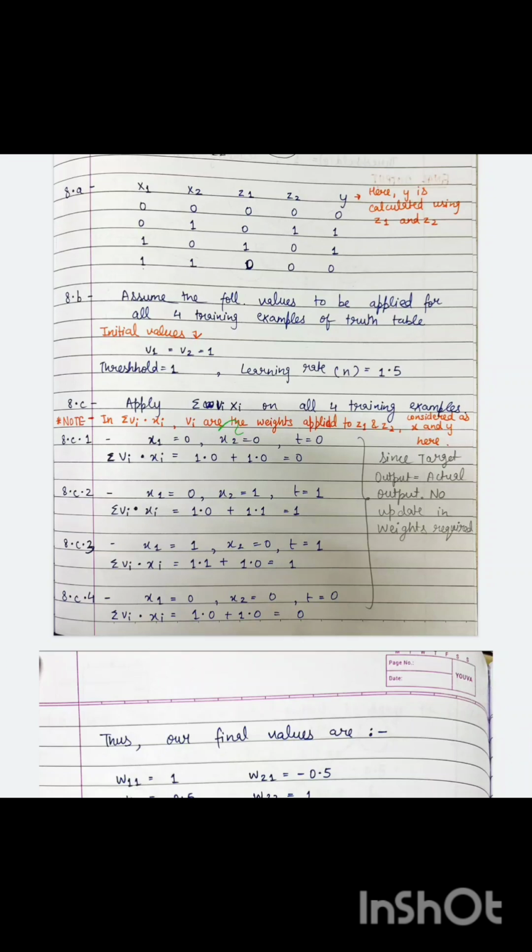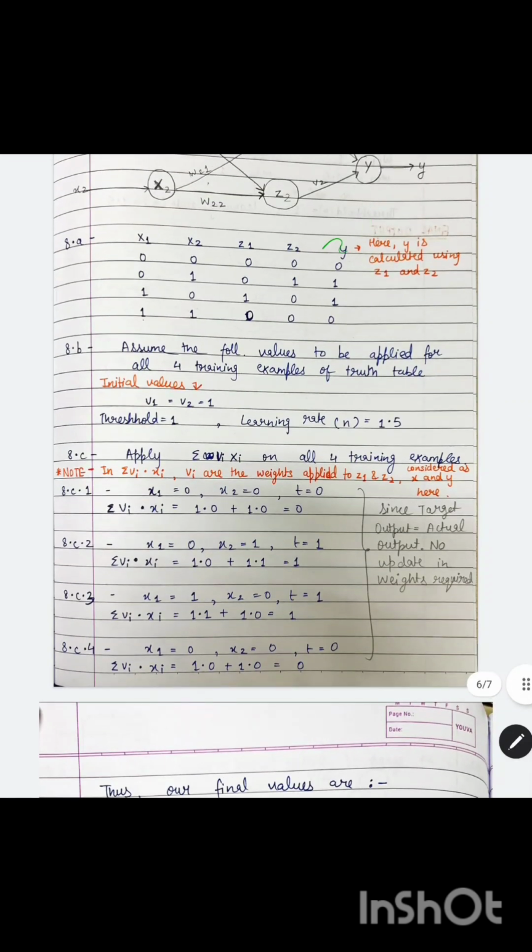Okay. So we have to apply sigma Vi xi, which was sigma Wi xi. Now since it is not W, it is V, we will say applying sigma Vi xi on all the 4 training samples, and Vi values are these. These are the values of Vi, which is 1, and these are the values of input, which is Z1 and Z2.